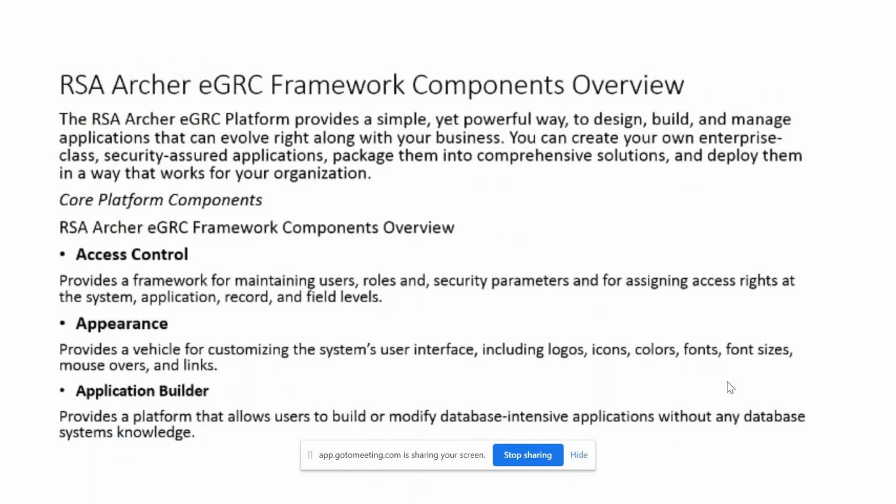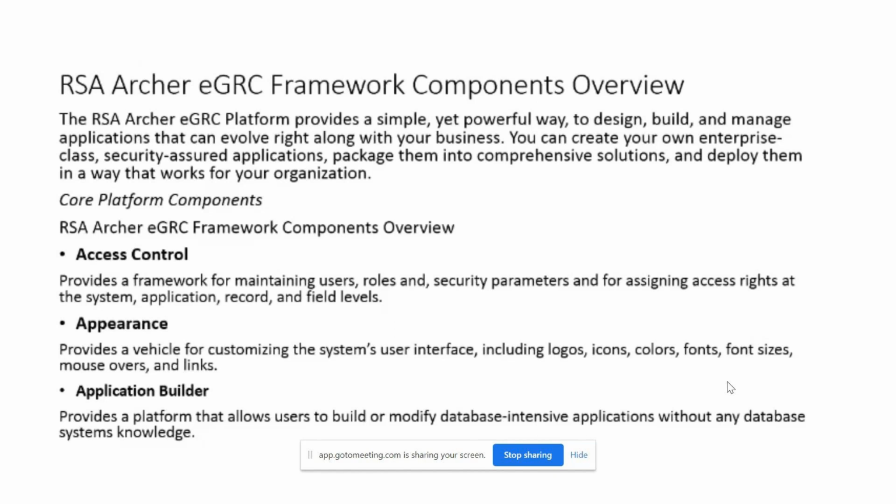The access part is completely in access controls, and next is appearance. Let's say you want to change any logos, header or footer, or the title of your web page, so this appearance component is used.